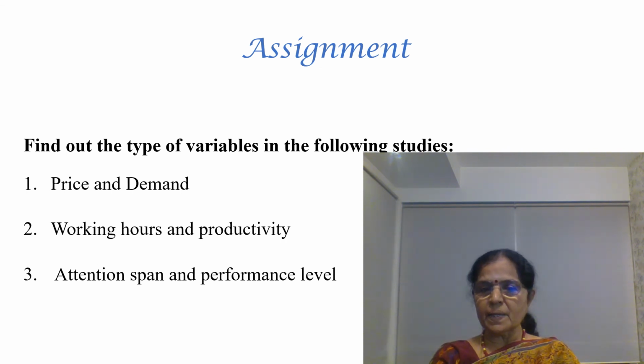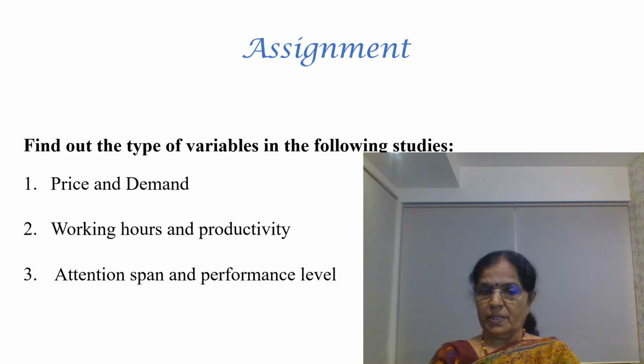And in the third study, namely attention span and performance level, attention span is the IV and performance level is the DV. And here extraneous variables could be health issues of the student. However much you increase the attention span, if the health of the students is not good, then it will also influence the performance level.